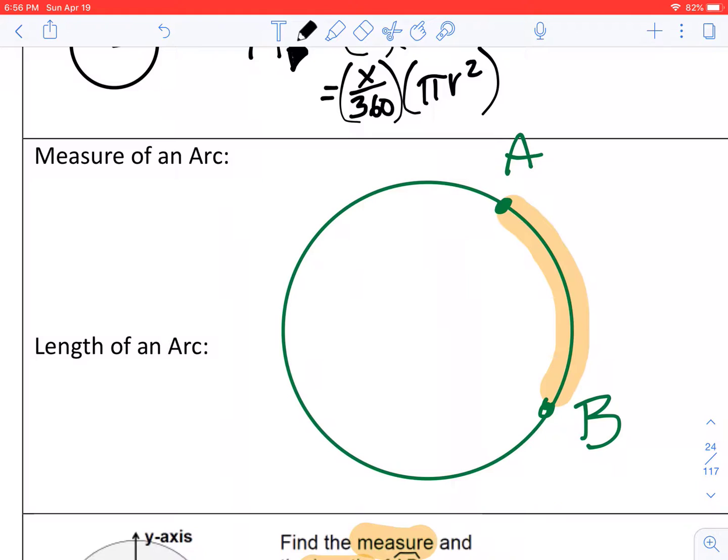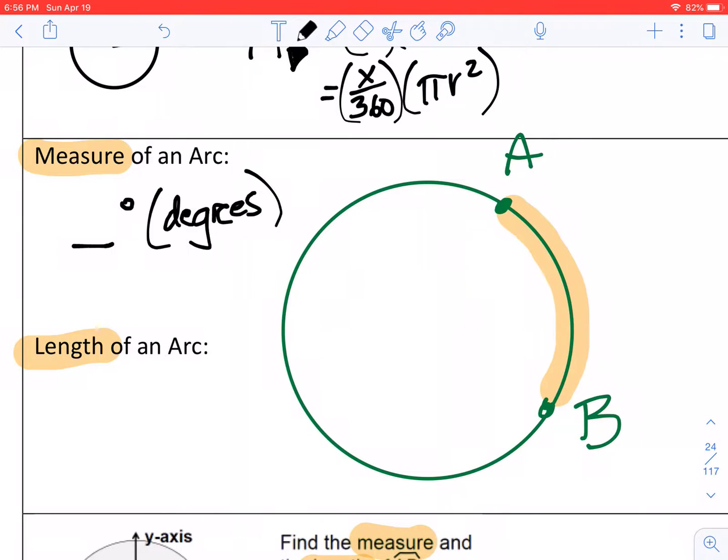Now, as we look at arcs in a circle, there are 2 ways we can talk about these arcs. We can talk about the measure and the length. Really important thing to distinguish between those. Those seem like they might be similar. The measure is so many degrees. Yes, always measured in degrees.